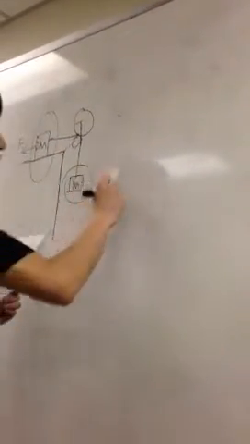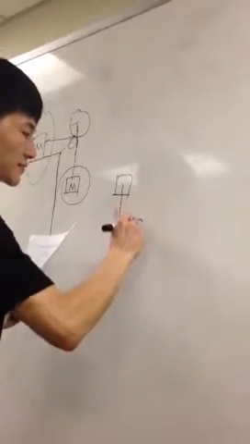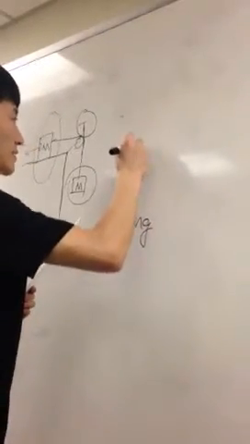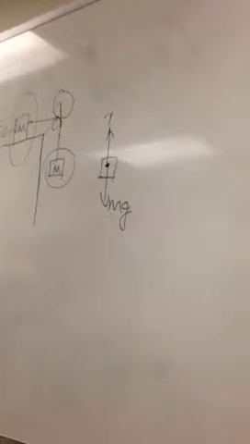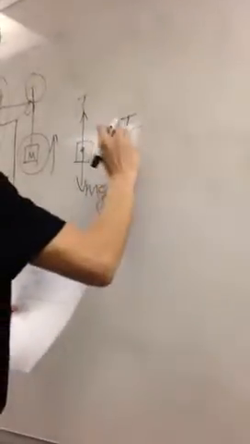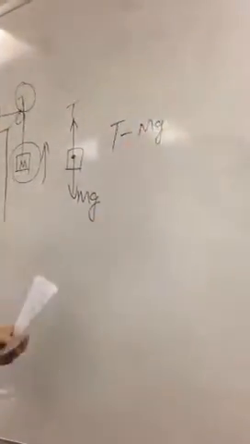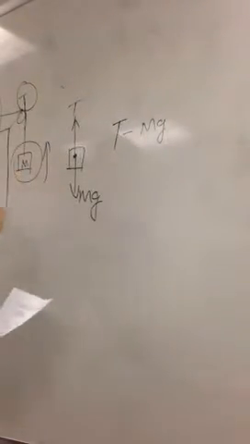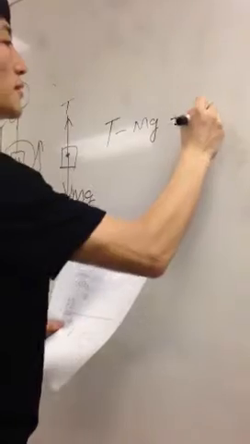The question is asking this T. So if you look at this object, it has gravity. It has a tension, right? And we know the force is pulling like this, so it's moving upward. And the total force is T minus mg, right? That's the total force for this object, equal to ma.